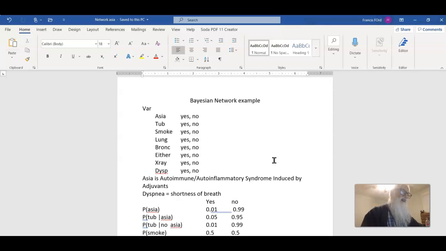DYSP stands for dyspnea, shortness of breath. TUB is for tuberculosis, lung is lung cancer, bronch is bronchitis, and either is kind of a strange setup. It is going to be used to represent two of them happening at once.